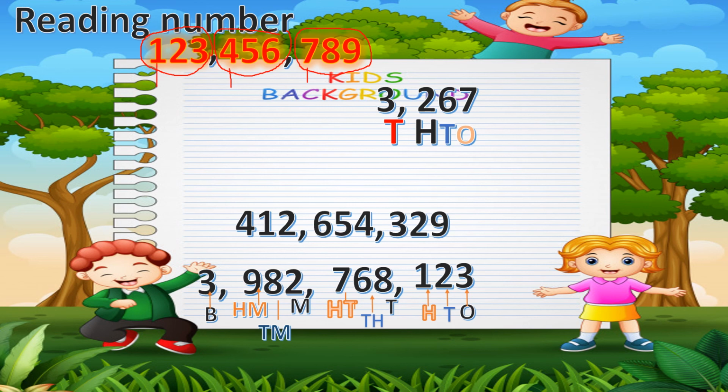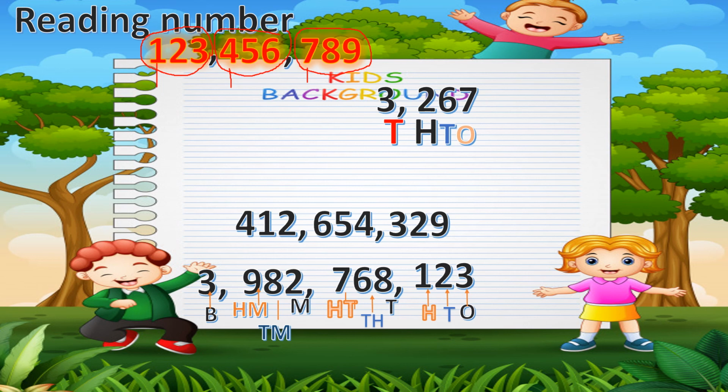This one is the hundreds place, but in the millions period. So we're going to read it like it is. 123,456,789. Okay, it's easy to read the number using a separator.